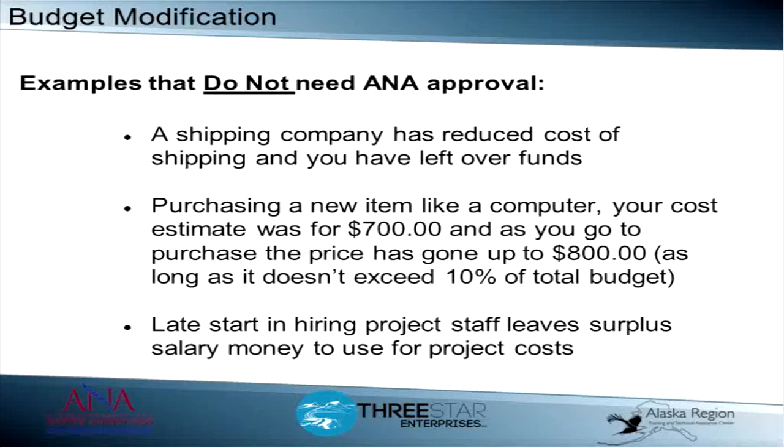An example of when you don't need ANA's approval because it fits within your 10% is you budget for shipping cost and the shipper turns around and reduces the cost of shipping as an in-kind, and you are left over with some little extra funds. You're not going to just keep those funds in that line item. You're going to transfer them to another line item, and as long as it's within your 10% of your budget, you're allowable to do that.